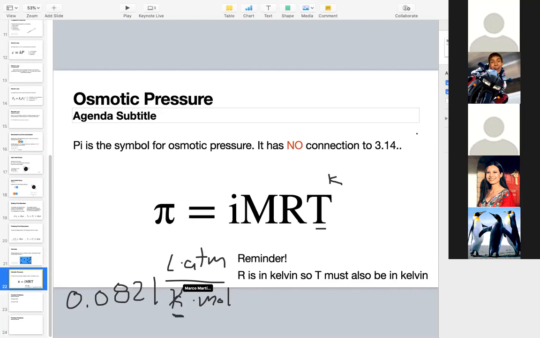M, which is in moles per liter, will cancel out the moles and the liter. I doesn't have any units, so all we're left with is atmosphere, which should be correct because we're looking for osmotic pressure. And that's the importance of having our temperature in Kelvin.